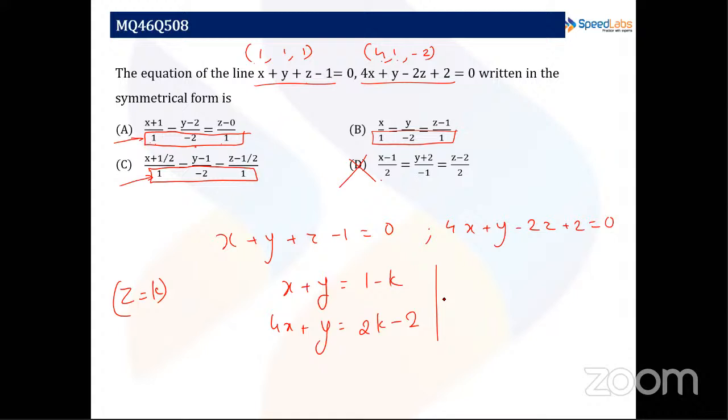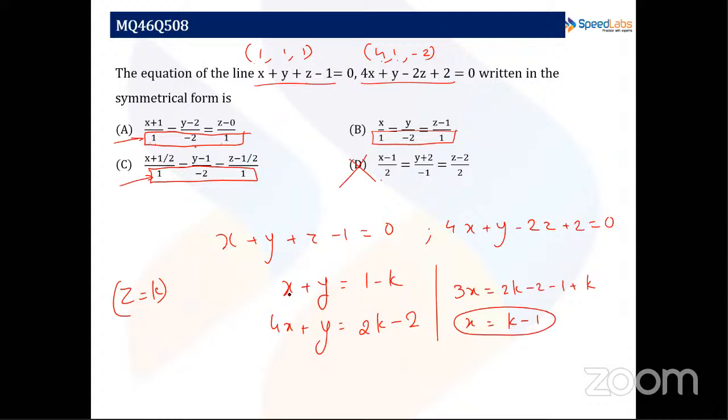Now subtracting these two equations, we will have 3x equals 2k minus 2 minus 1 plus k. So the x coordinate will be (3k minus 3) upon 3.